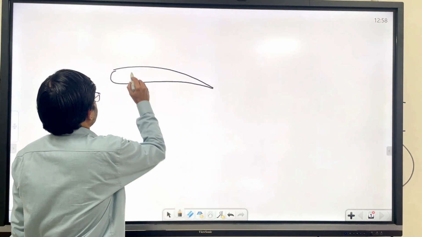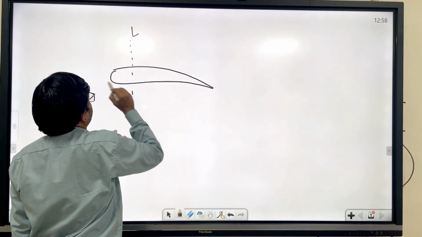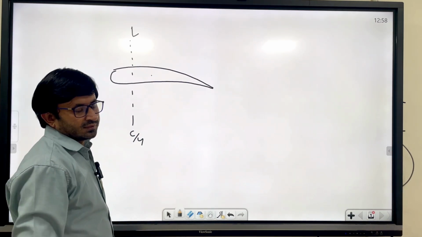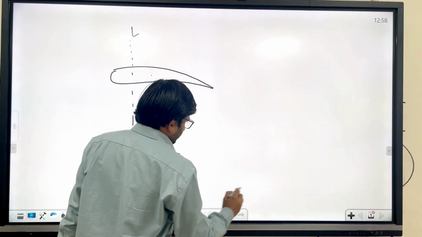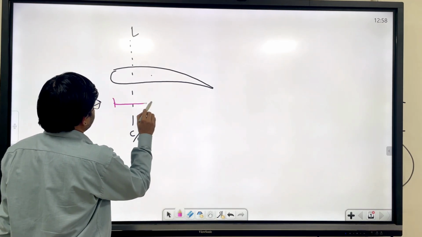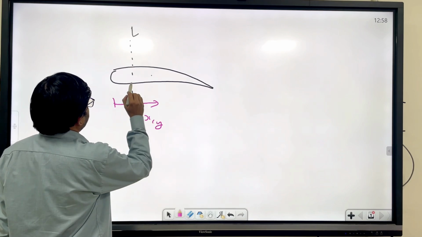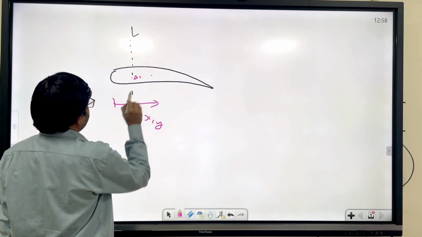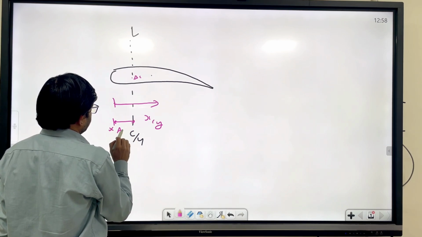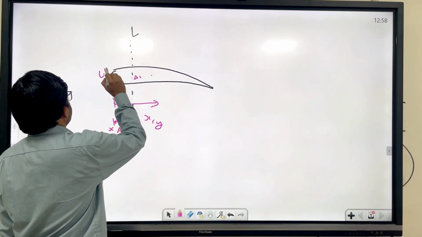Let's say lift is acting at the C by 4 line, and CG is somewhere here. I mark this as XCG, and this is the aerodynamic center, XAC, and this point is the leading edge.